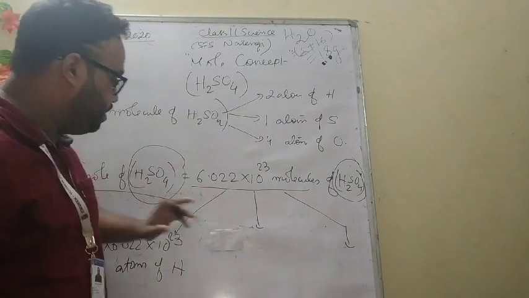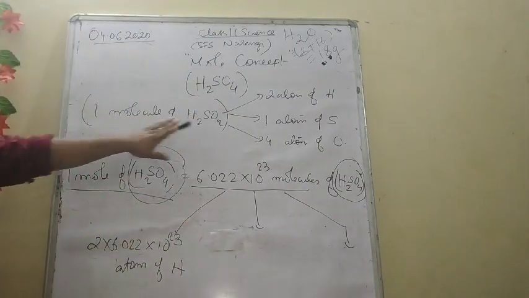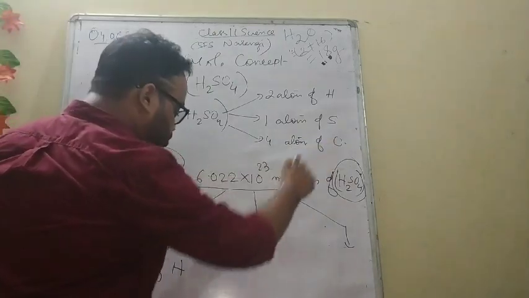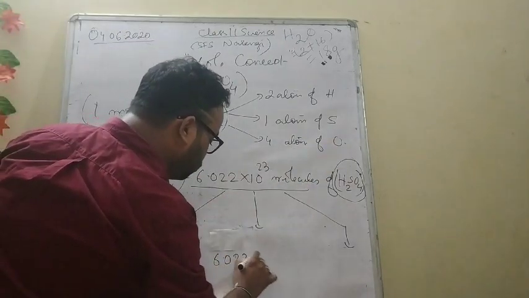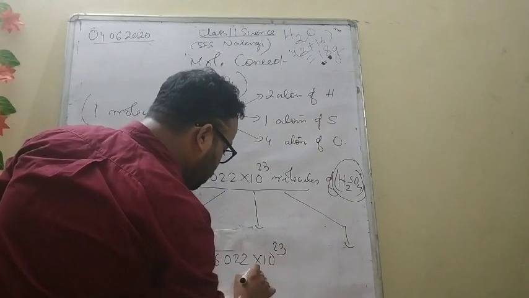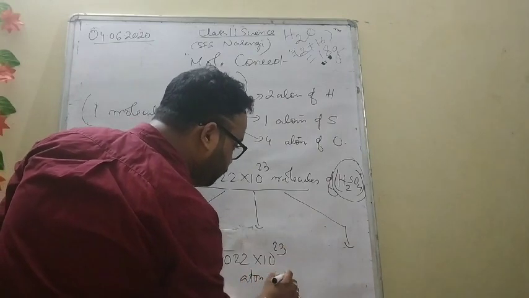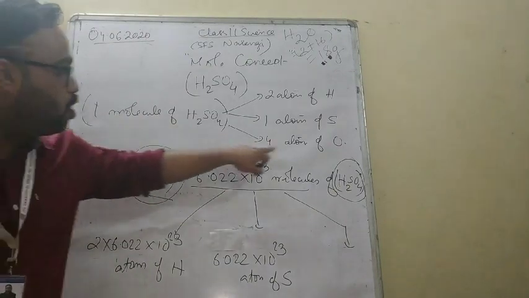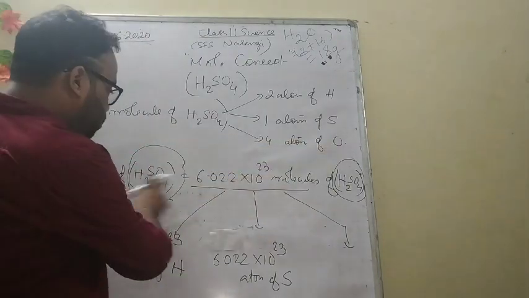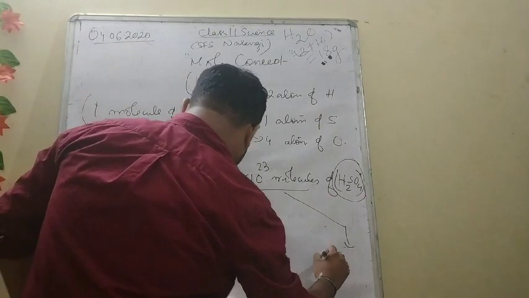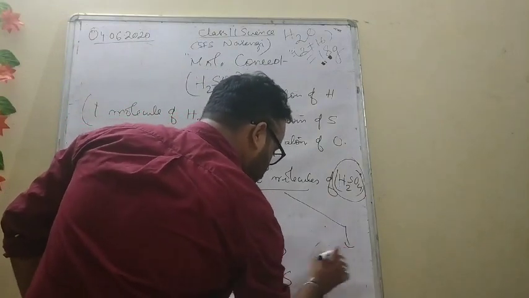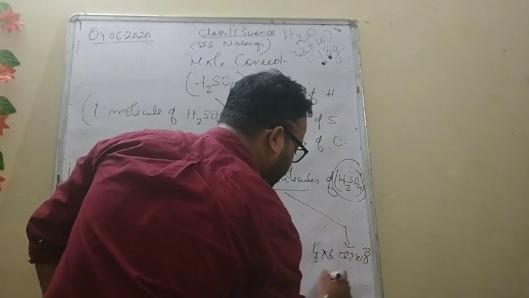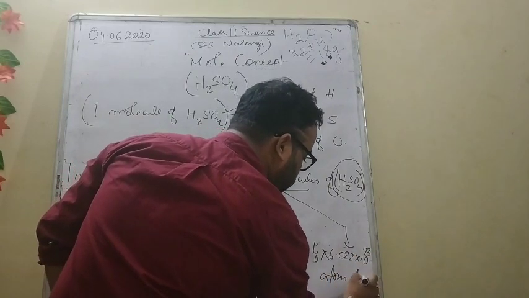These 2 will get multiplied. 1 molecule of H2SO4 has 1 atom of S. So this much molecules of H2SO4 has 6.022 into 10 to the power 23 atoms of S. And 1 molecule has 4 atoms of oxygen. So this much molecules will have 4 into 6.022 into 10 to the power 23 atoms of oxygen.